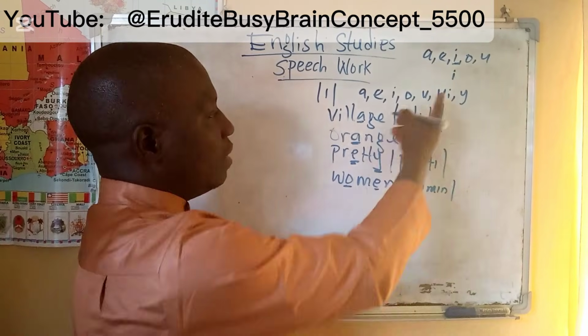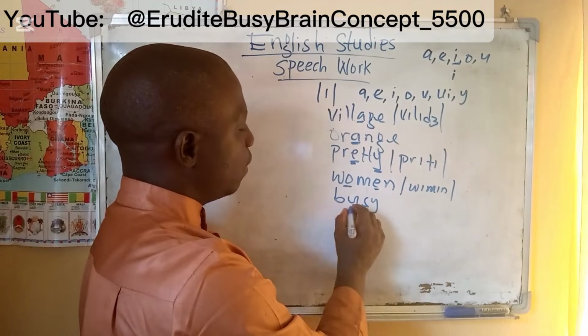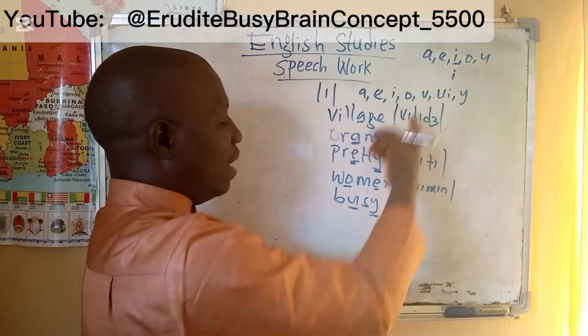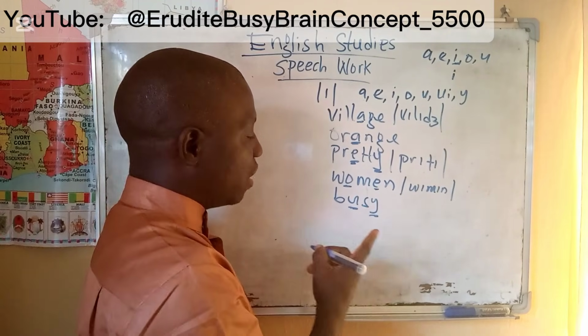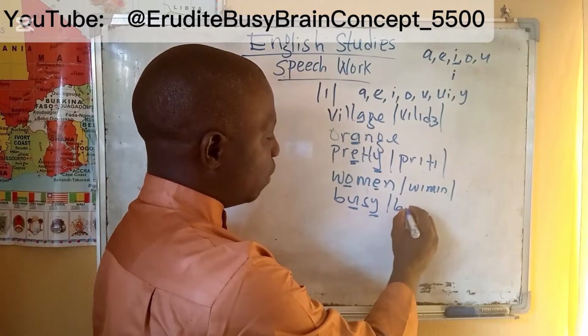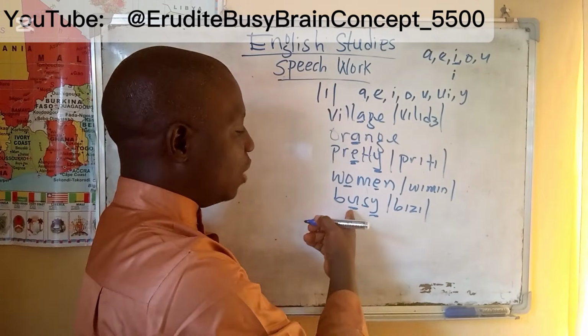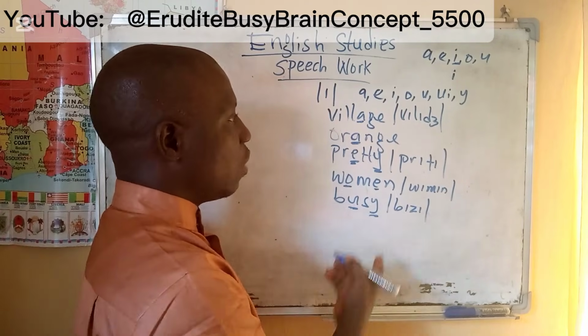Then we also have busy. This is busy. You see now. So the letter U here is sounding E in this word, but not in all English words. Look at the pronunciation: B Z. You can see that the letter U and letter Y here are E and E. Is that okay?